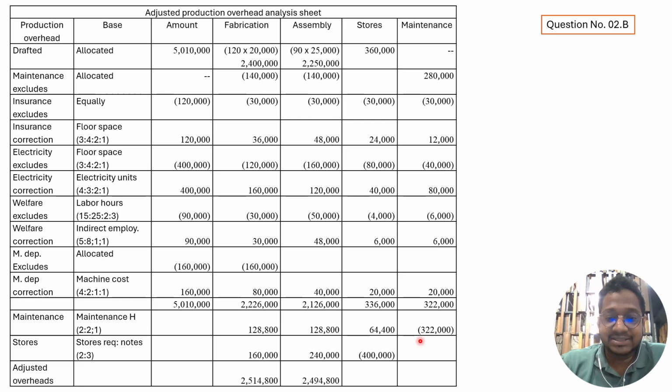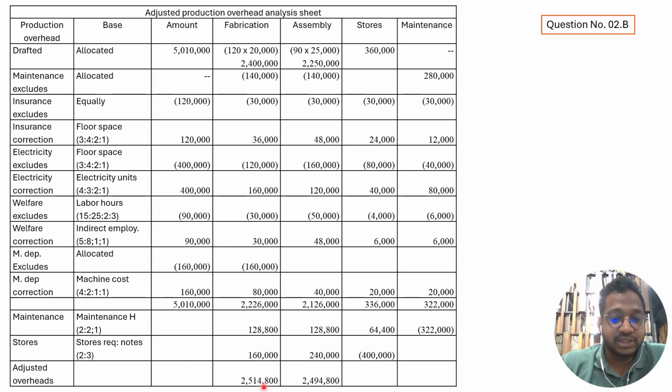And then the maintenance department overhead, you have to distribute to fabrication, assembly, and stores based on maintenance hours. And then the total of stores after adding the maintenance overhead, 400,000, you have to distribute to fabrication and assembly as per the stores requisition notes.